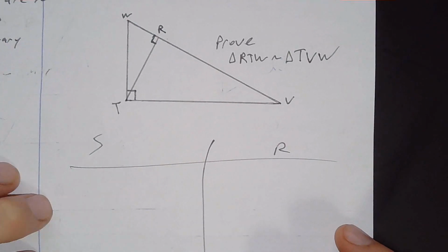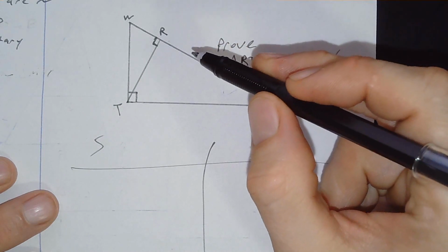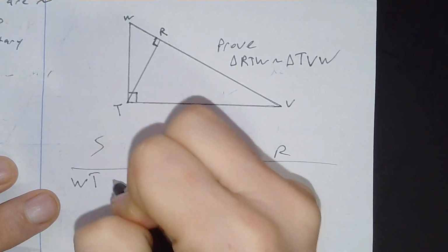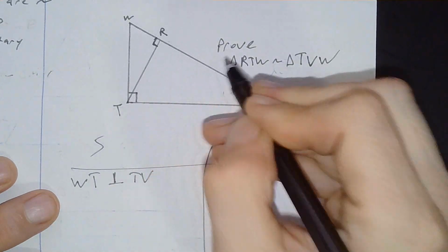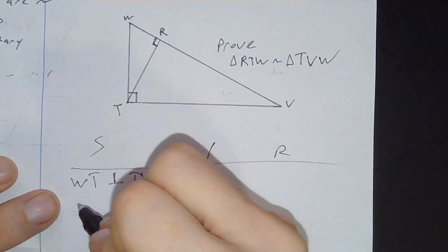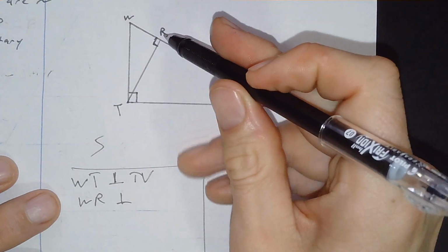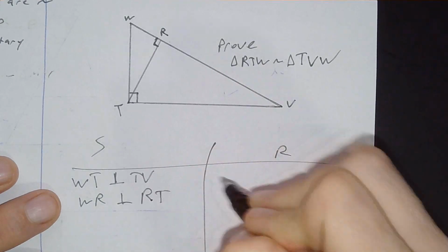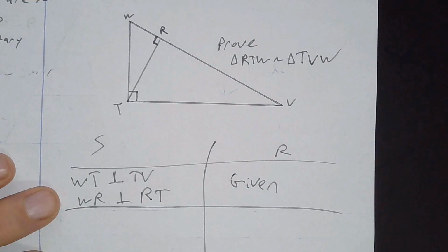So the first thing that we've got to say is that WT is perpendicular to TV because that's what's given to us, and that WR is perpendicular to RT. Those are the given statements because that's what's shown to us.